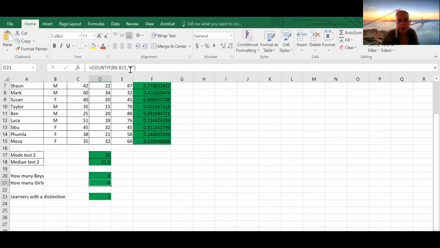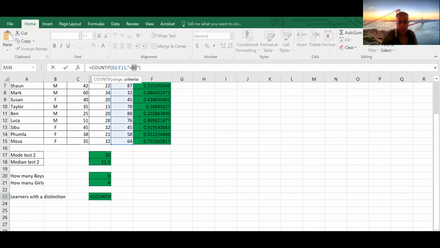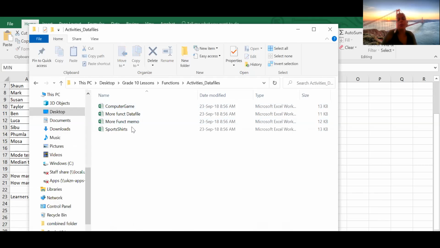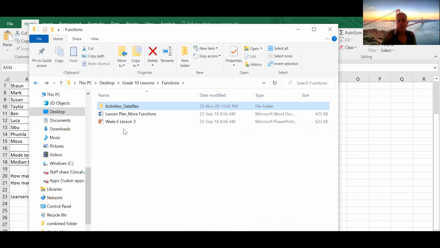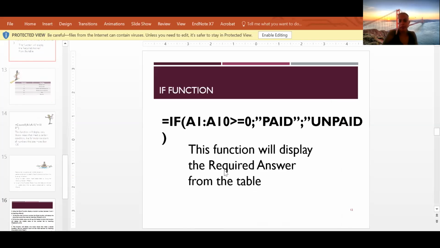How many are female? Count if the learner got above 80%. The teacher has given them an advanced task. So these are the tasks, the data file that the teacher prepared. And then this was week 6 of the lesson plan.